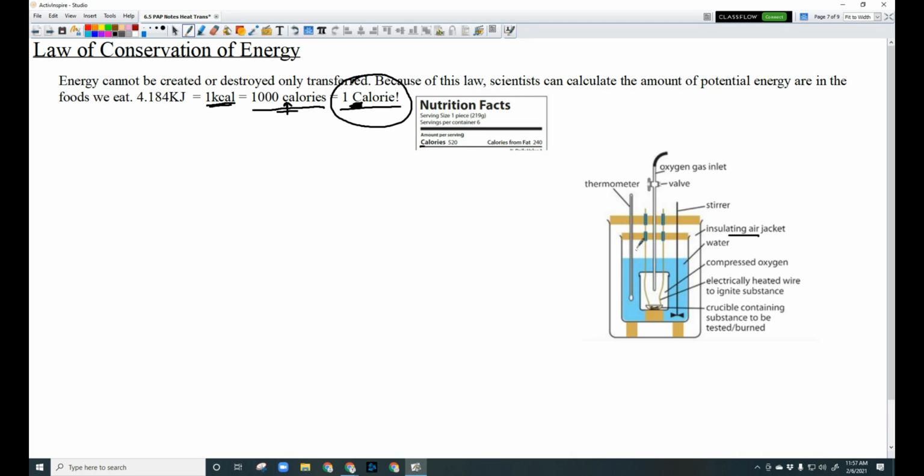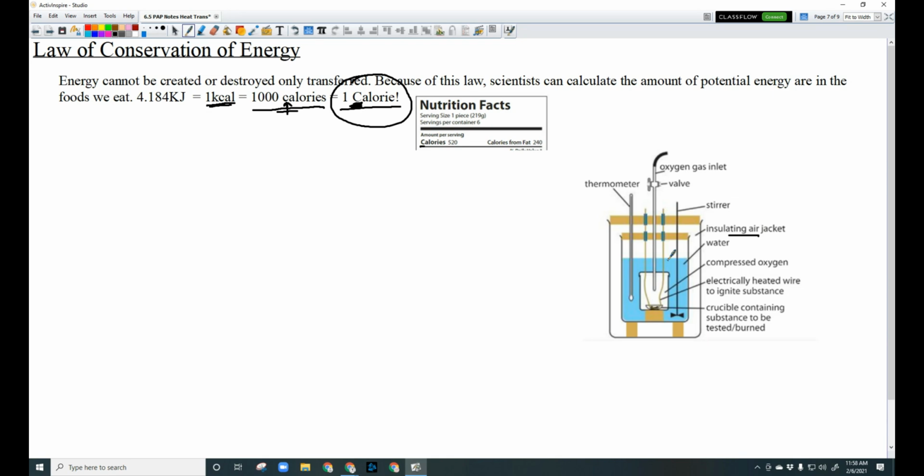We have this thermometer here, so we take the temperature of the water and measure the change in temperature. It's insulated here, so none of this heat is lost to the surroundings. It's all maintained within this water. The stirrer keeps the water circulated so you don't get hot spots.